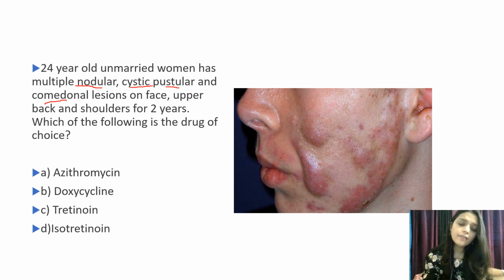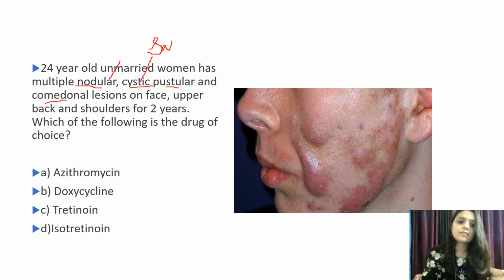When it comes to moderate, slightly more severe, we can get pustules, papules. When it comes with features like nodules and cysts, or scarring, we call it severe acne. So this patient is actually having severe acne.